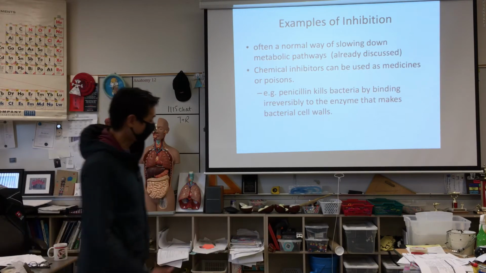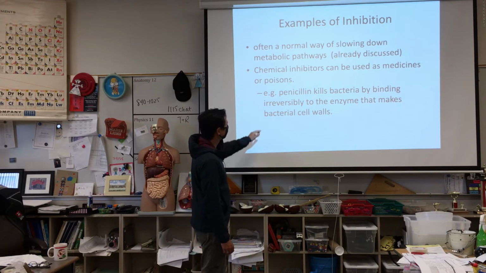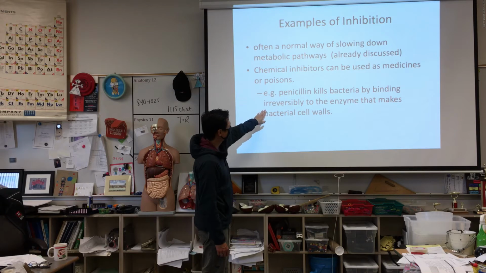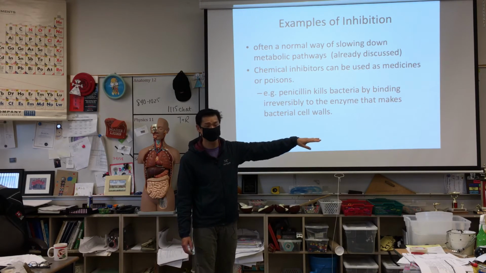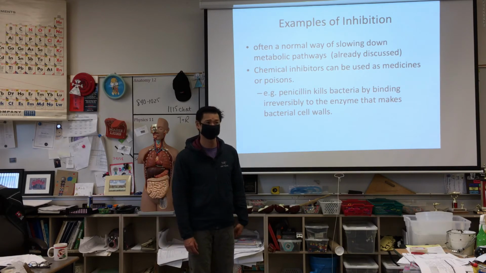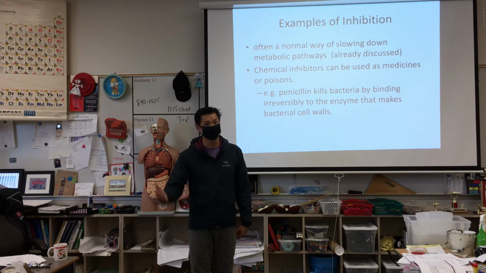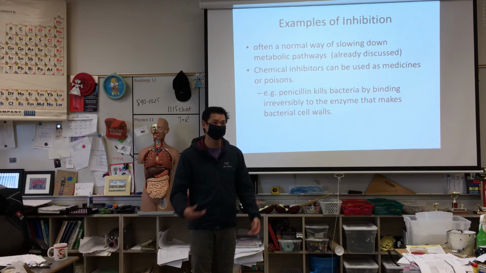Now, a good example of irreversible inhibition is penicillin. Penicillin kills bacteria. Before penicillin and antibiotics, people used to die all the time from bacterial infections. If you had a little infection and a cut, your body either beat it or you died. Now we just give you some antibiotics. We can put antibiotic cream on it, and if it's really bad, we can inject it and your body can circulate it.